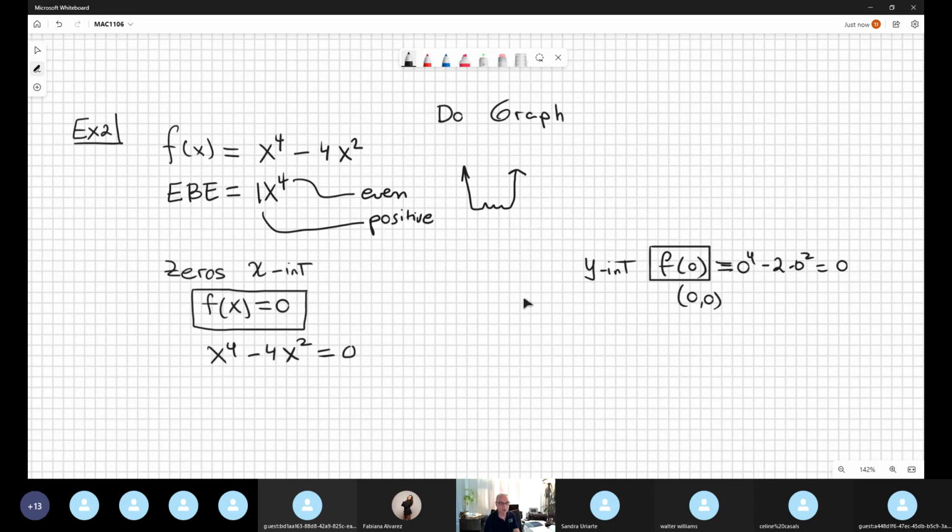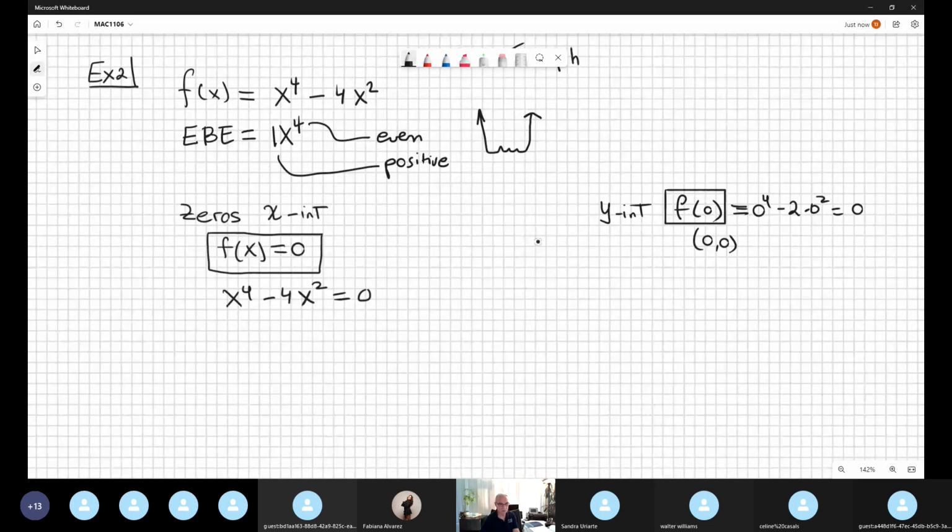In the factorization, you seek the GCF. The greatest common factor is x squared. And you factor out. So we have x squared times (x squared minus 4) equal to 0. But I don't finish the factorization because in that part you have the difference of squares.